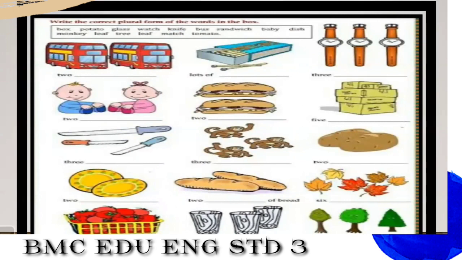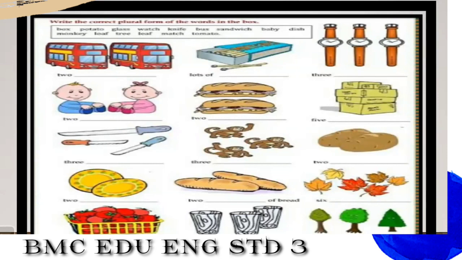The answers are given. So you have to choose the correct answer and fill in these boxes. For example, in first picture, there are two bus. So its plural form, what it will become? Buses. So you have to write there buses.